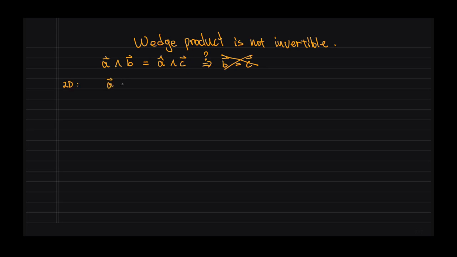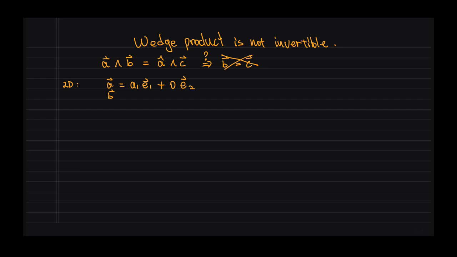Let's say A is equal to A1 E1. We pick our basis vector such that it is parallel with the vector A. This means it will be 0 for the vector E2.